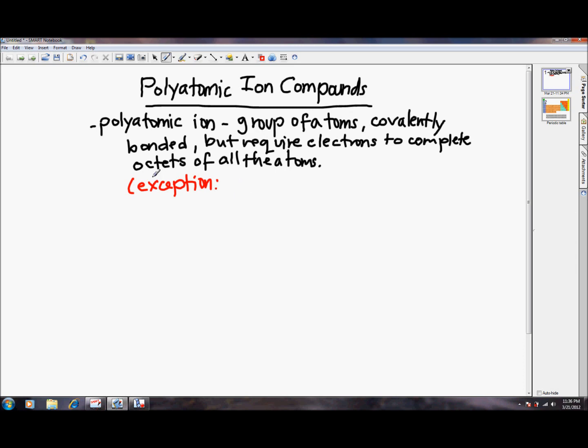There's one exception, and that's a polyatomic ion called ammonium. Ammonium has the opposite problem. It needs to give an electron. These are charged groups.